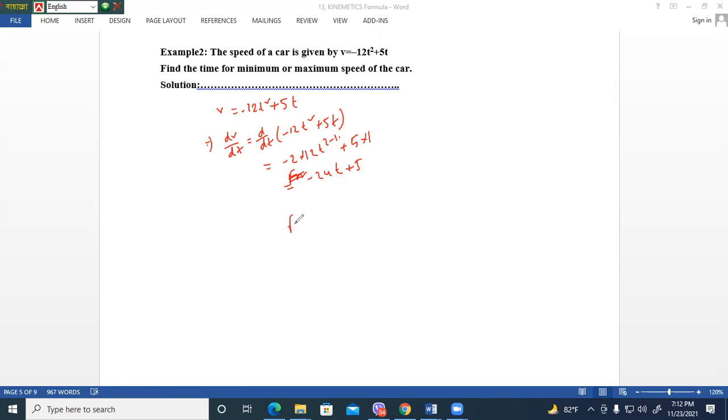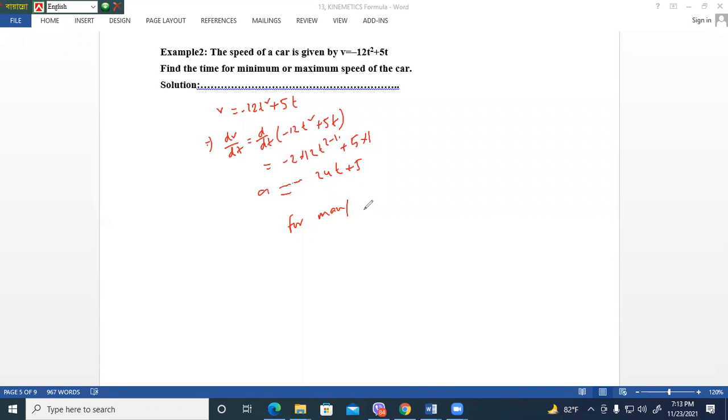So right now, for max or min speed, acceleration equals 0. This is acceleration equals minus 24t plus 5.